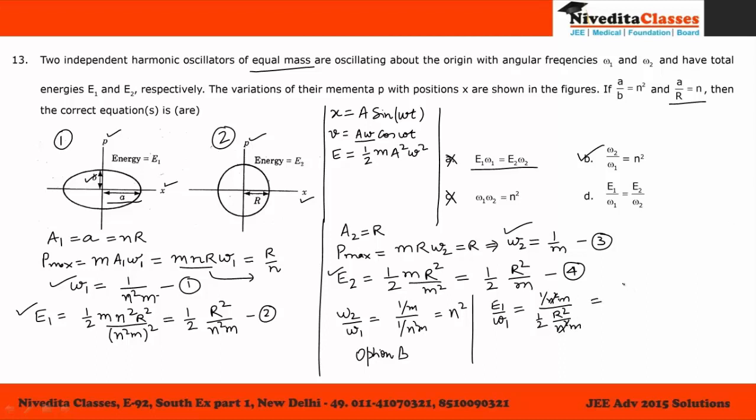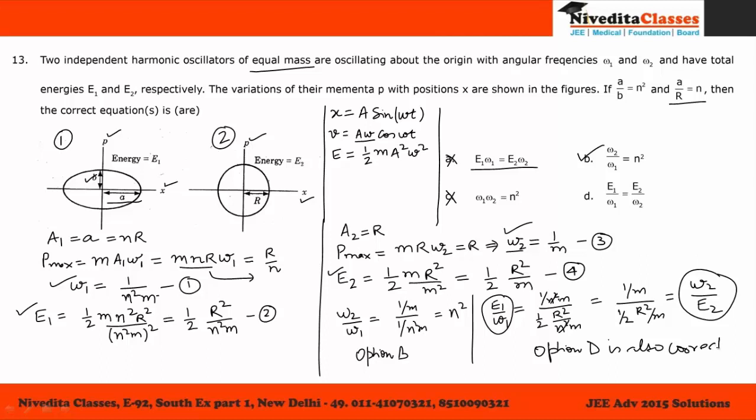We will be getting 1 by m divided by half of r square divided by m, and this 1 by m is actually omega 2, and the term in the denominator represents E2. So as we can see, expression D also holds good. So our option D is also correct. So our answer will be B and D.